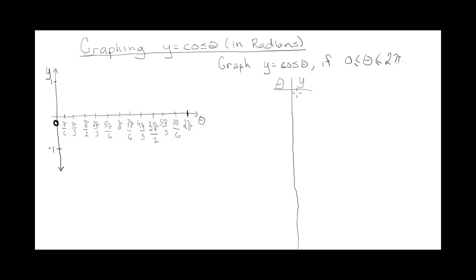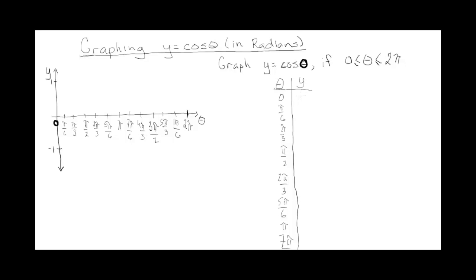So that's theta, and this will be y. So theta pi by 6, pi by 3, pi by 2. Here, I'll pause while I fill in this. Okay, so I got a lot more points in my table of values, but I'm just going to sub in these theta values into cosine theta.